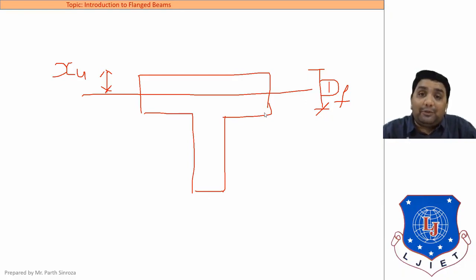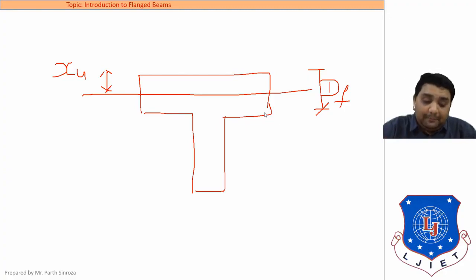Whenever the neutral axis is in the flange, xu is always less than Df. Clear? From this figure, we can always relate that xu is less than Df. This will be very helpful in solving numericals, because the first step is to identify where the neutral axis is. So for the neutral axis to be in the flange, xu should be less than Df, or vice versa, for xu less than Df, the neutral axis should be in the flange.